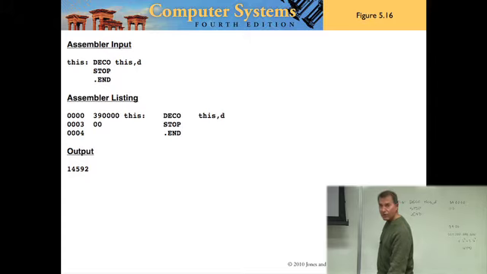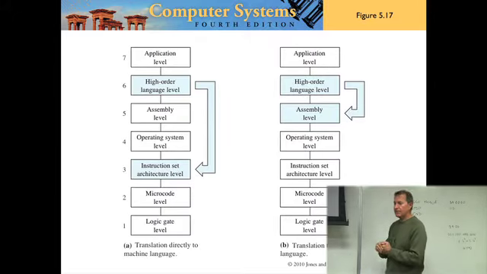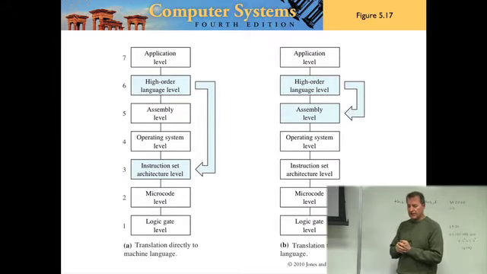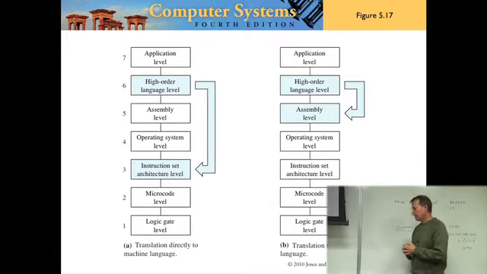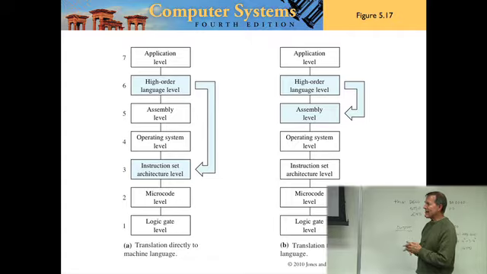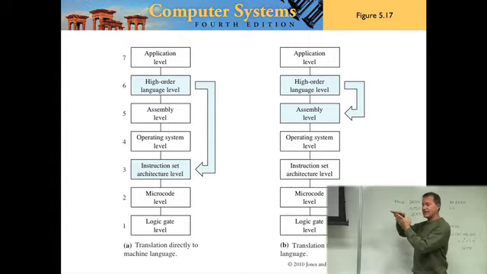Okay, so now we're going to start on a long journey that we will be on for the rest of the semester. What we want to do now is see how a C++ program gets translated.